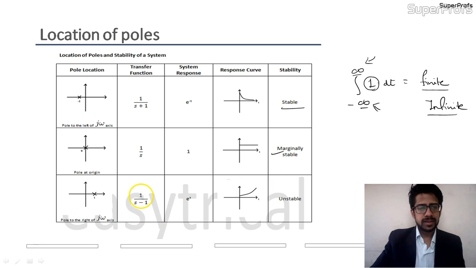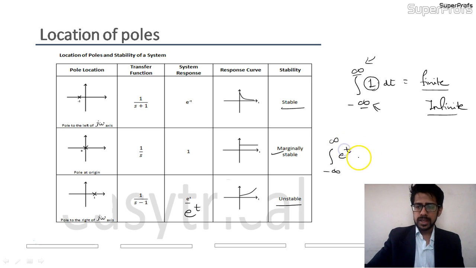As we already mentioned, the location of a pole on the right hand side of the S plane with the transfer function 1 upon s minus 1 will give me the system response as e raised to t, as you can see here. I'll write e raised to t, which is giving me the response curve as this, which is continuously increasing, which is unstable because the integration from minus infinity to infinity of e raised to t dt will give me an infinite value.